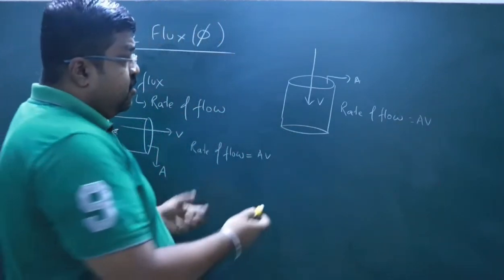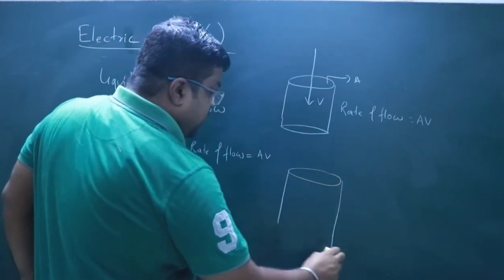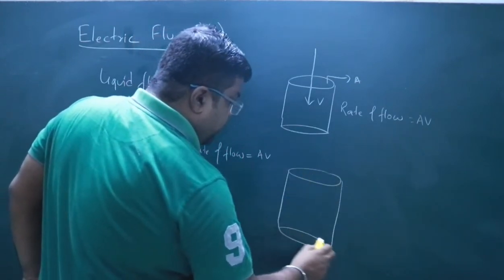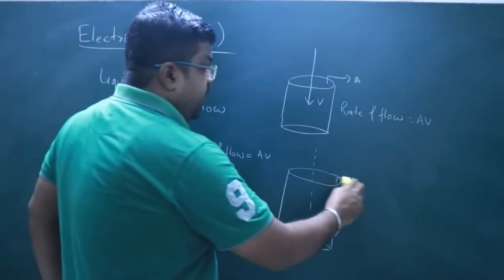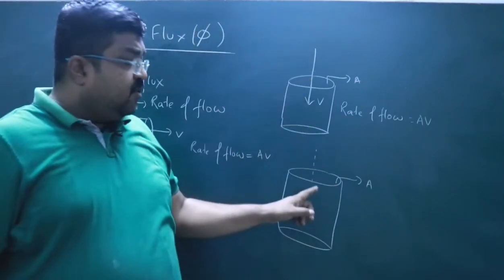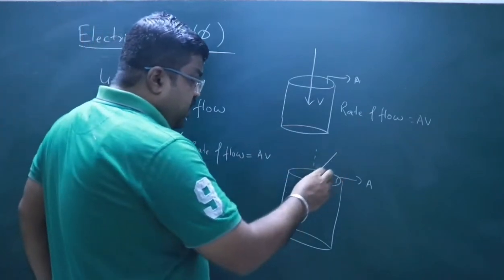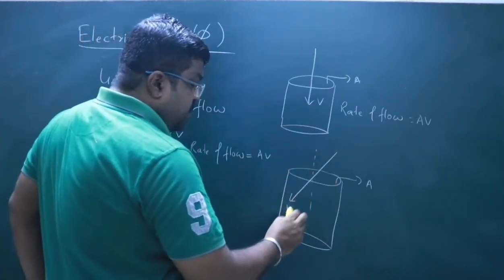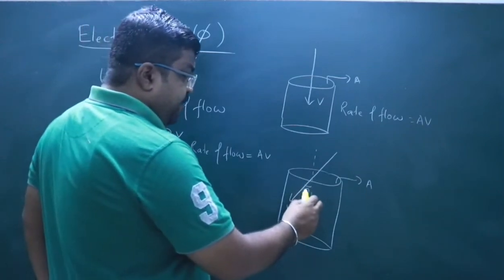Okay, now let us change this situation a bit. Same container, this is the normal to the area, this is the area A, but for this case, instead of coming in the vertically downward direction, suppose the velocity is directed in this direction, and this angle is theta.